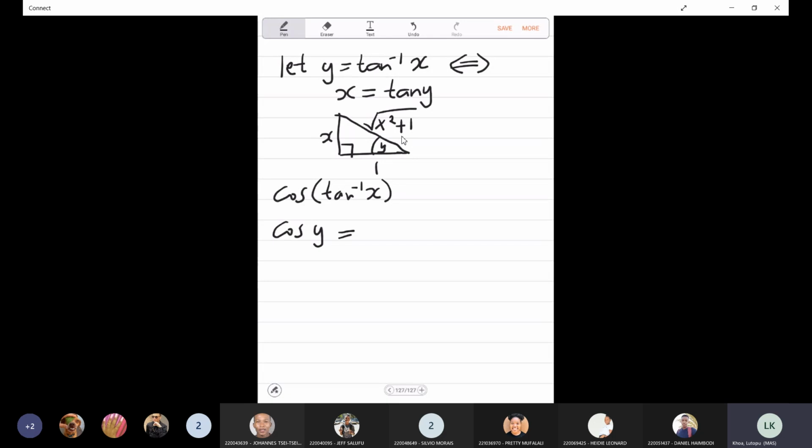So here, just to note, this is the adjacent over the hypotenuse. Our adjacent is 1. Our hypotenuse is the square root of x squared plus 1. And this is the right-hand side that we were trying to show. So we can see that cos of tan inverse of x is in fact equal to 1 over the square root of x squared plus 1.